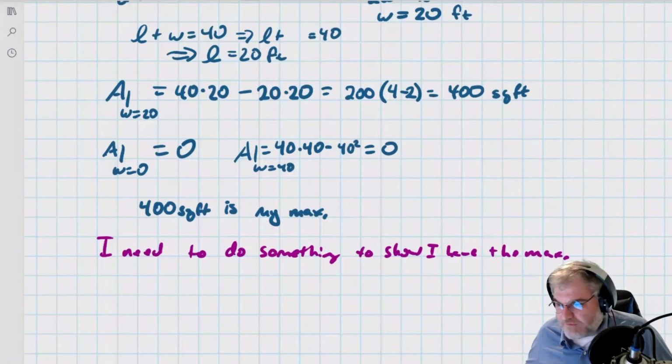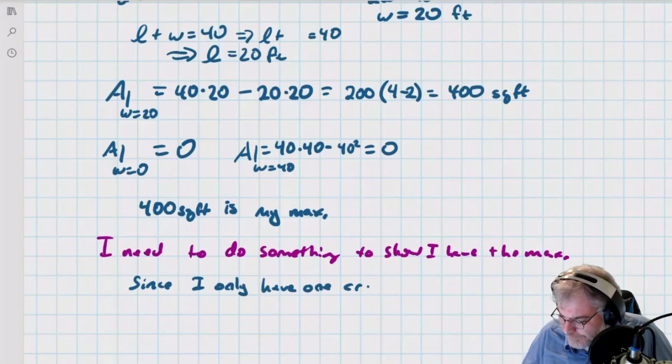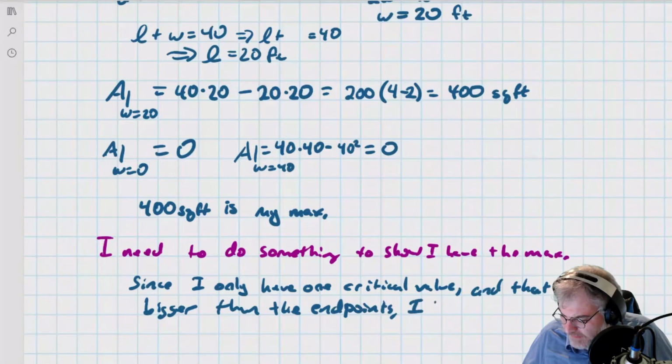I don't need to do a second derivative. I don't need to do a first derivative test. I've actually done it already. Here I just say, since I only have one critical value, and that one is bigger than the endpoints, I have a max.